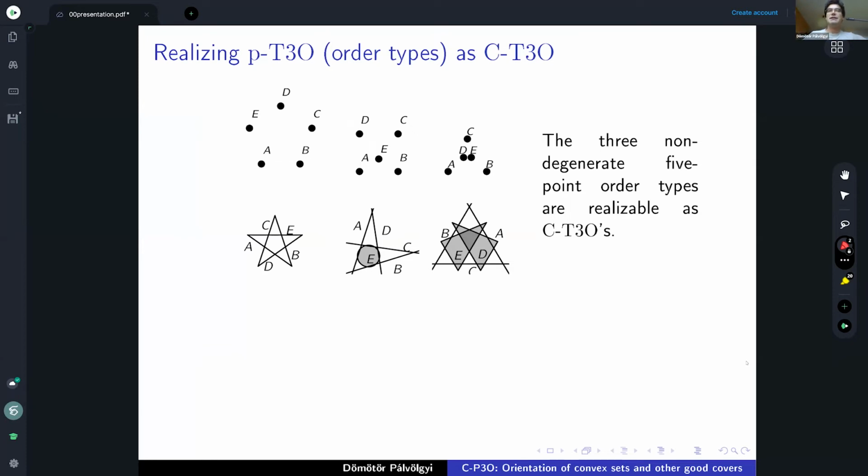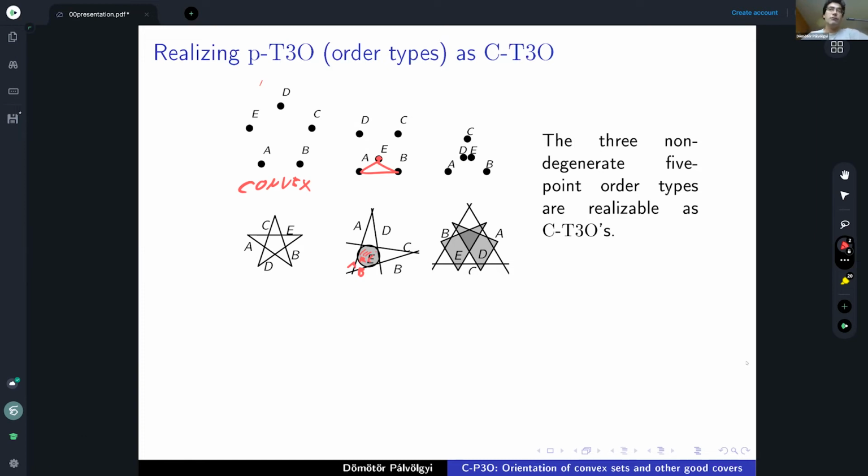We have already seen that if they are in convex position, then you can just do lines, or if you prefer this pentagon-like thing. If you have 5 points like this, that E is somewhere in the middle, then also here, this ABCD, you can represent it with lines, and then you put an E somewhere here inside. You can check that it's good. For example, ABE will be ABE. So indeed, both are counterclockwise.